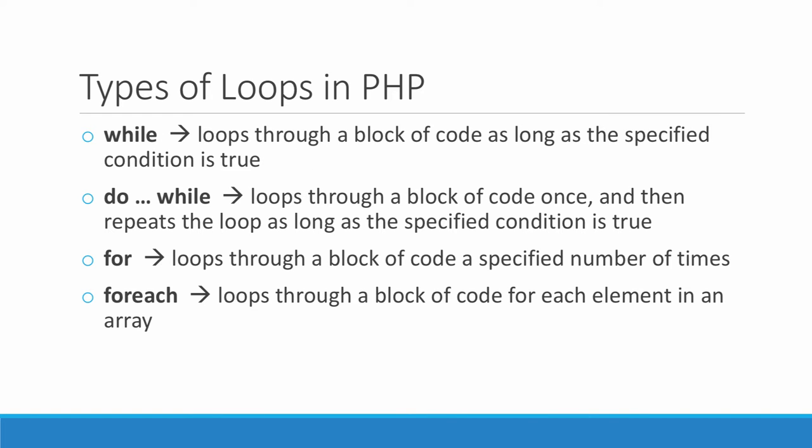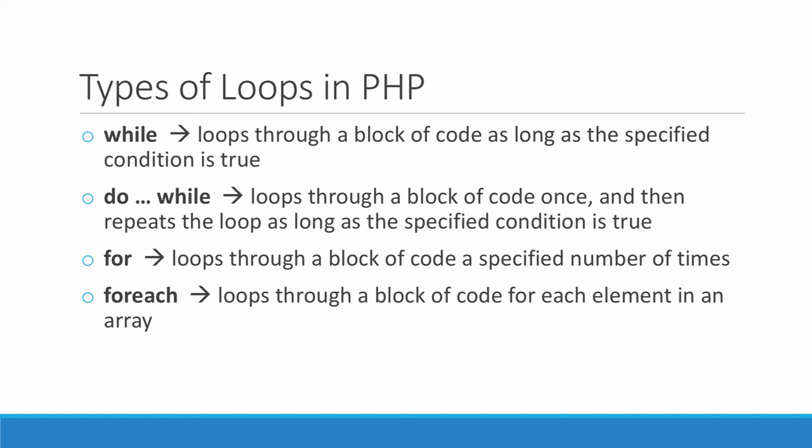So just as there were 3 types of conditionals, there are 4 types of loops, and one of which you got to see just a sneak peek of last week, which was the ForEach loop. So we're going to tackle each of these. The first one is the easiest loop. It's the while loop, and it just loops through the block of code as long as the condition that we've assigned it is true, and it'll just keep going.